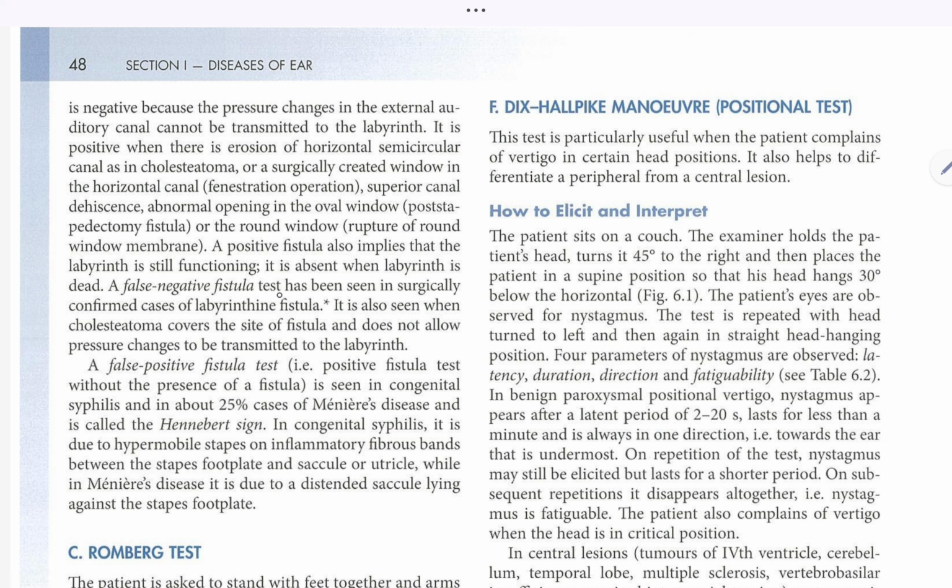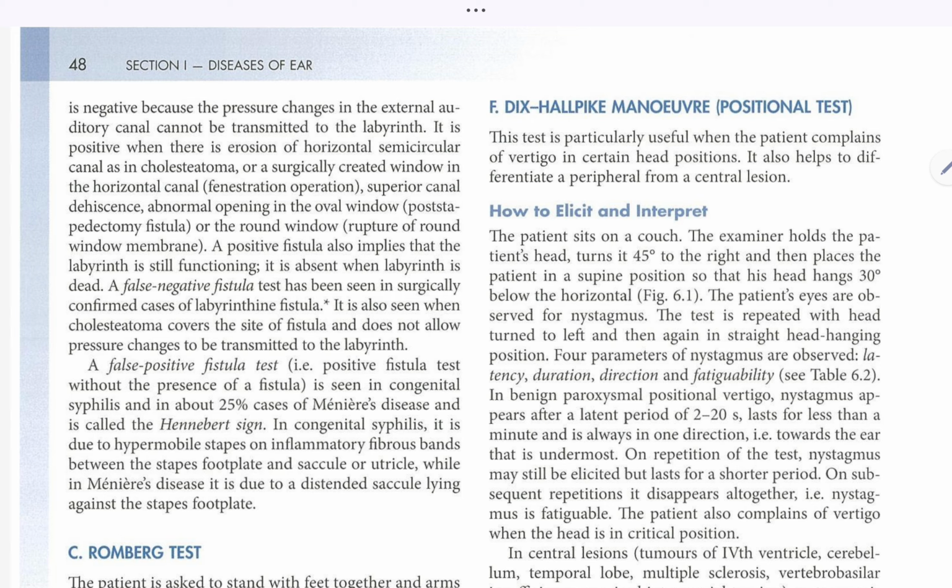A false negative fistula test has been seen in surgically confirmed cases of labyrinthine fistula. It is also seen when cholesteatoma covers the site of fistula and does not allow pressure changes to be transmitted to the labyrinth.